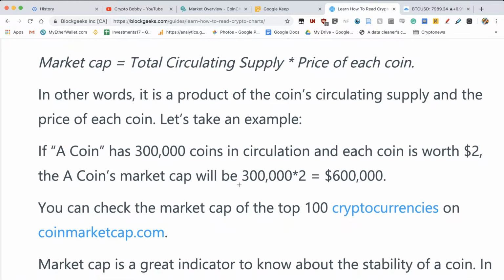So first of all, it's very important to look at the liquidity and the trading volume of different coins, because that shows how much is being traded. If the liquidity is very low, then it's likely that someone just bought maybe one coin for a higher price, and that dramatically increased the market capitalization of that coin.